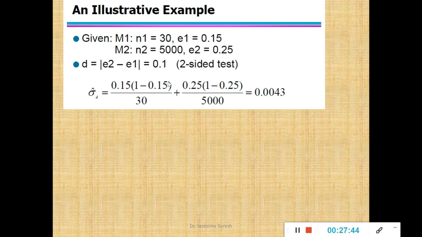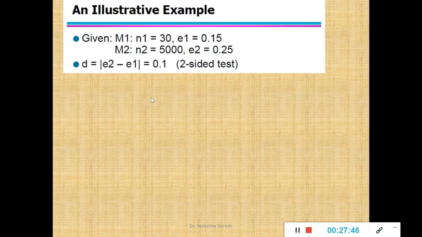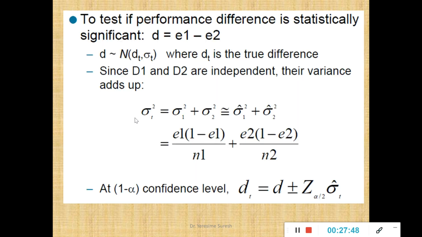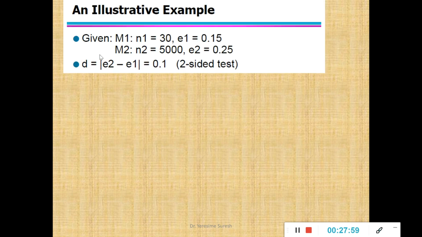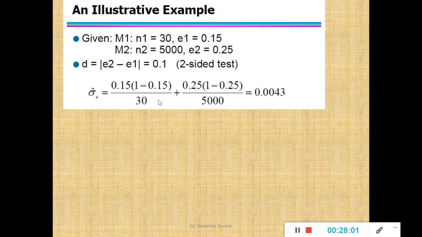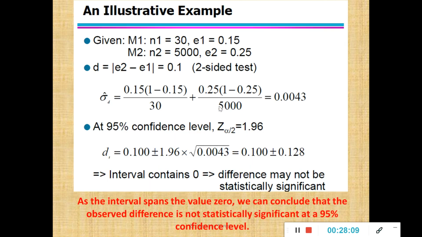Now I'll substitute these values into the variance equation: E1 into 1 minus E1 divided by N1 plus E2 into 1 minus E2 divided by N2. I'll substitute these values, and I'll find that the variance is equal to 0.0043. If I take the square root of this, I'll get the standard deviation.